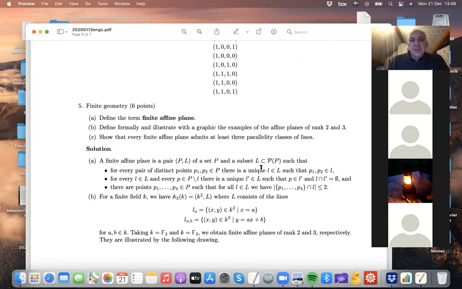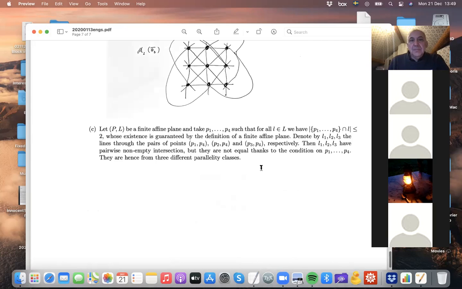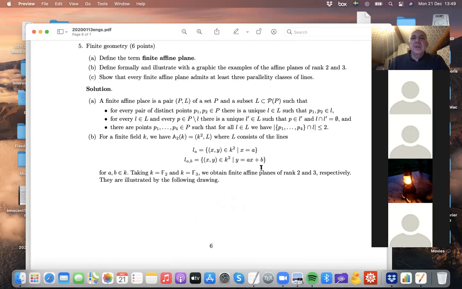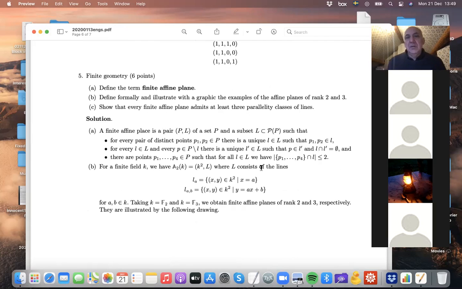Okay, now this I think is the last problem of the examination. It's about finite geometries. This was the last material we worked on quite recently. So the first sub-question is to define what a finite affine plane is.